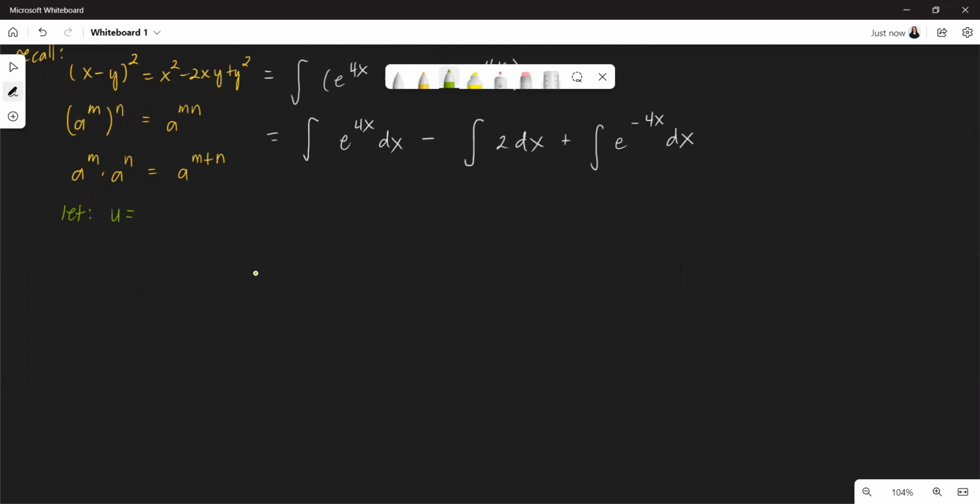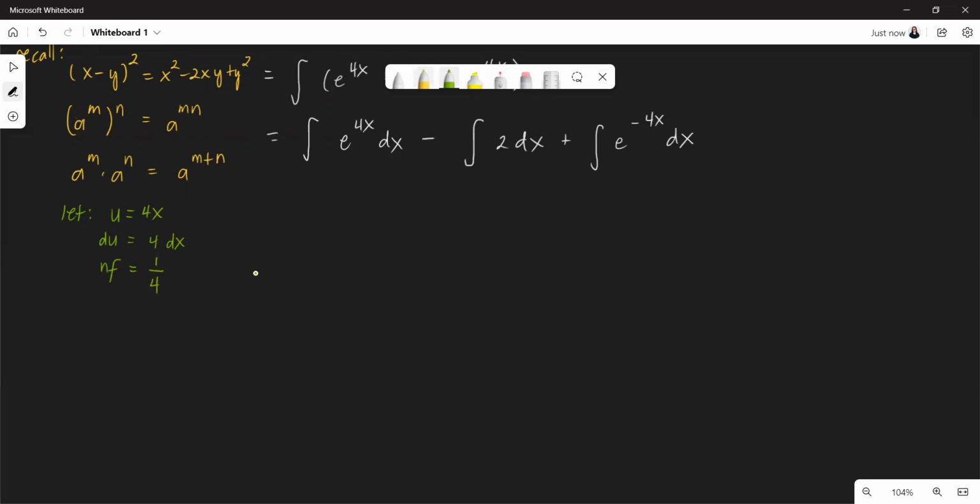So for the first term, we have u as 4x, so du therefore is equal to 4 dx. So we need to multiply it with 4. So balance it by multiplying it with the neutralizing factor, the reciprocal of 4, or 1/4.